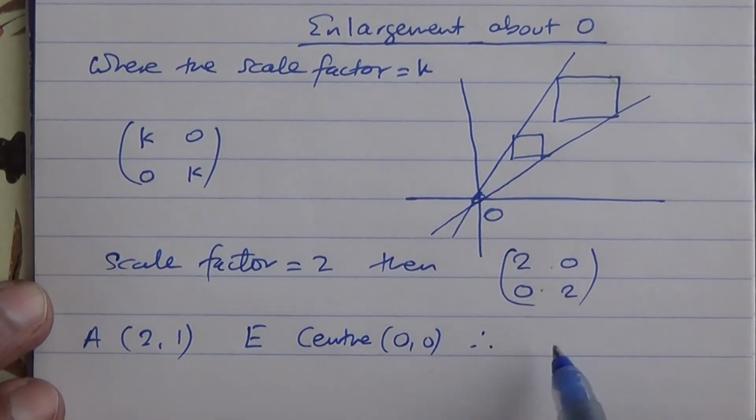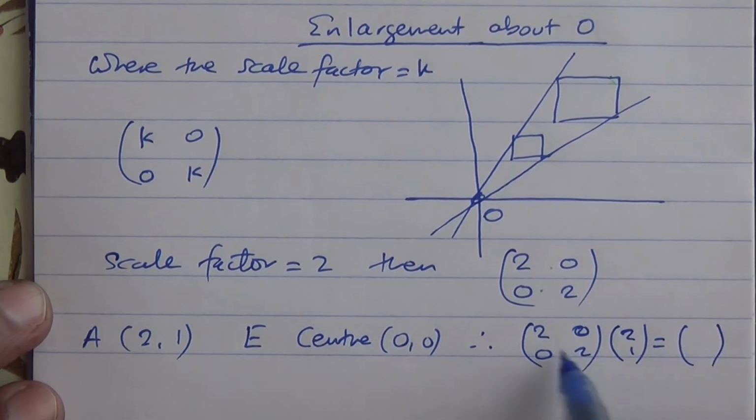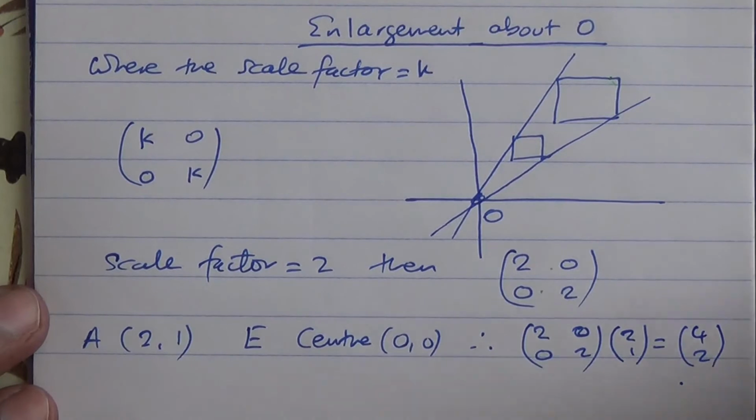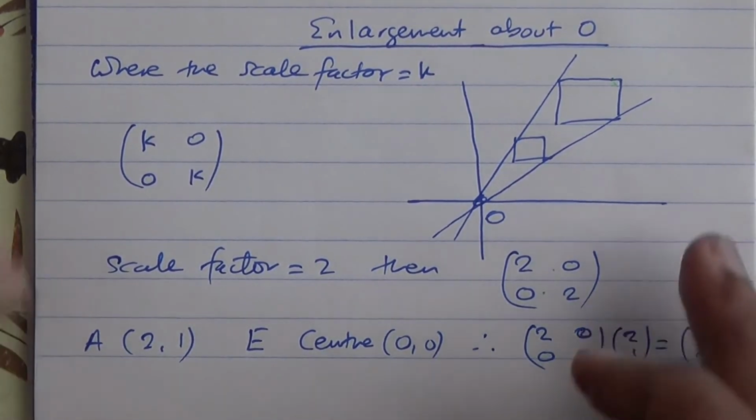Therefore the image will become [2 0; 0 2] times the point (2, 1), and this is going to result into (4, 2). Here we are. This is how you do enlargement with a scale factor k and center (0, 0).